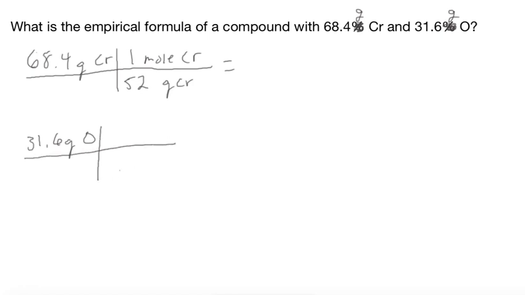So let's go ahead and find out how many moles of oxygen we have. So I've got grams of oxygen here. To cancel out grams of oxygen, you put grams on the bottom, and I will put 1 mole of oxygen on the top. There's 16 grams of oxygen in 1 mole. So now let's go ahead and calculate. Let's do the chromium. So I'm going to say 68.4 divided by 52, and that gives me 1.3154.